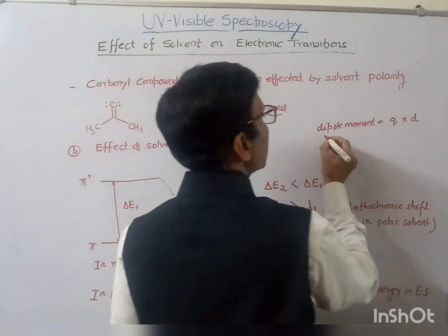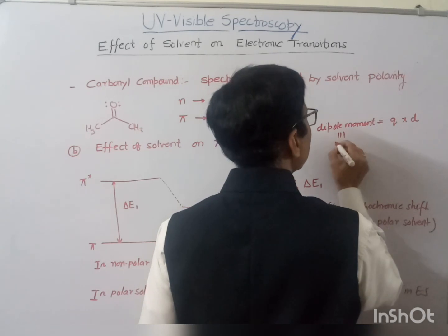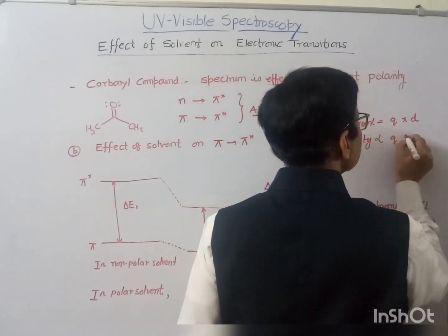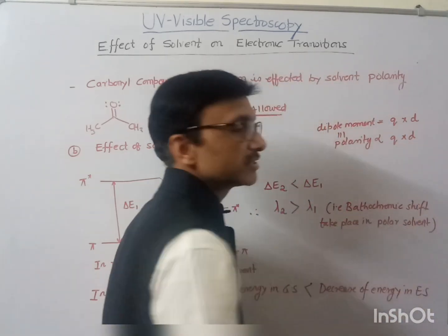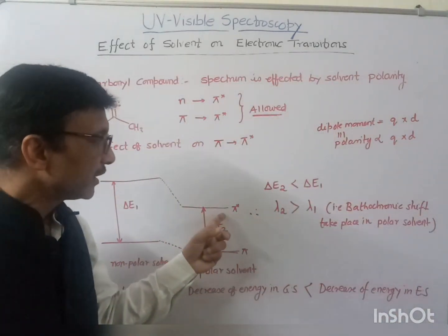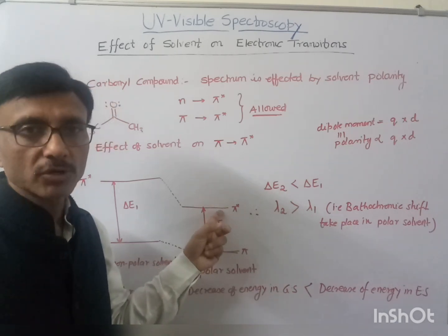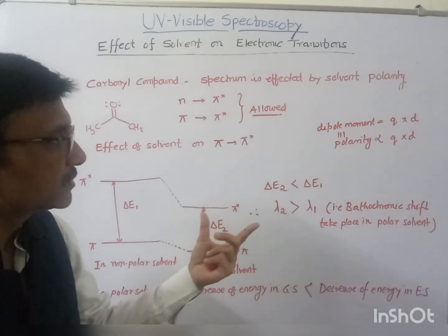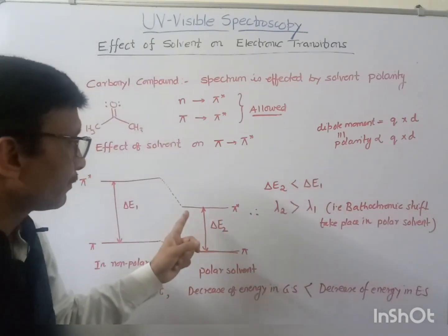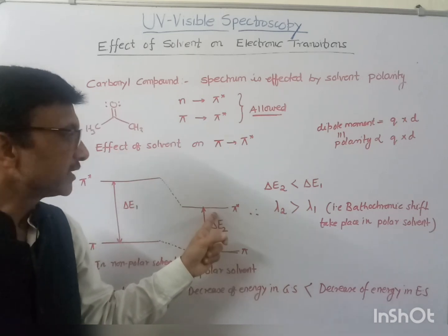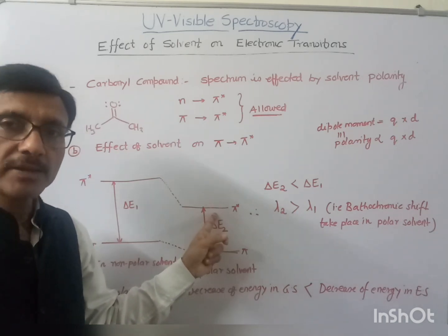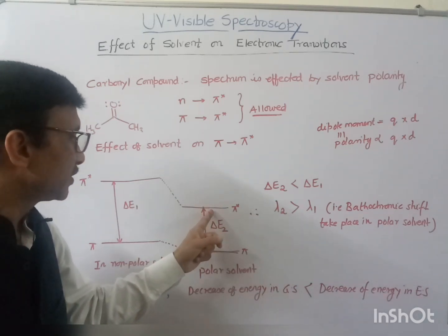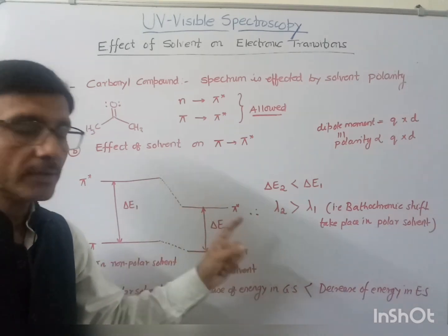So dipole moment is directly proportional to polarity. When the electron is present in a pi star molecular orbital, the bond length is more, so polarity is more. That's why interaction would be more, and if interaction is more, then the decrease of energy will be more.